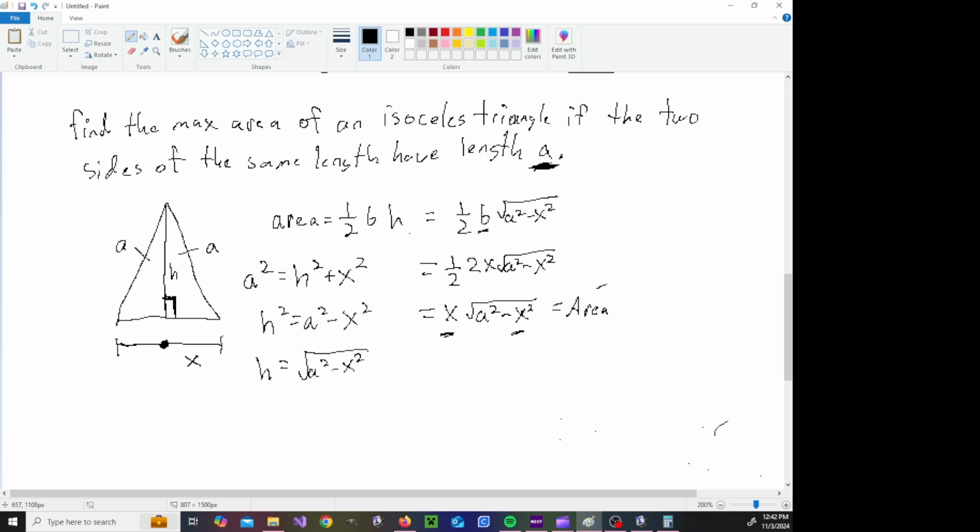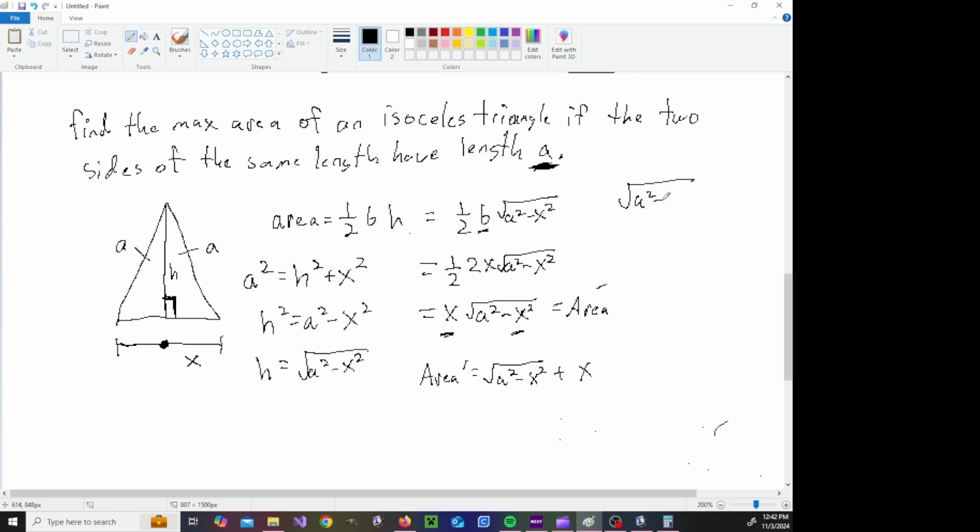So I can take the derivative of area, and I would use the product rule, because this is x times some other piece, the square root piece. Derivative of x is 1, so then I just write the second piece out by itself, and then plus x times the derivative of this piece. Well, we're going to have to use a chain rule.